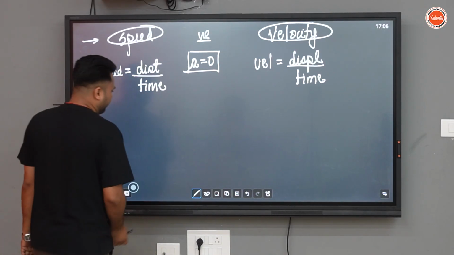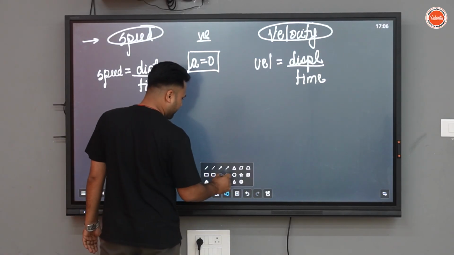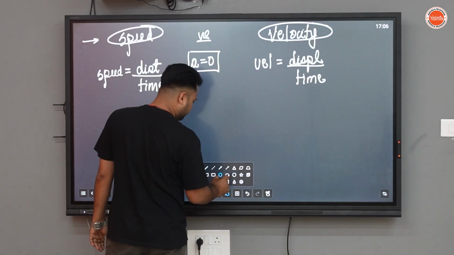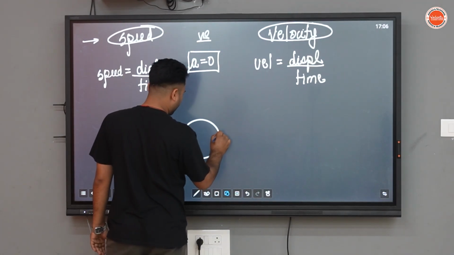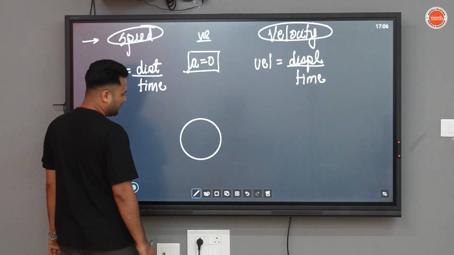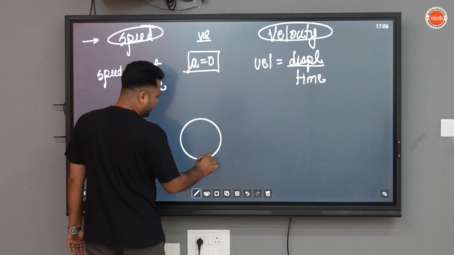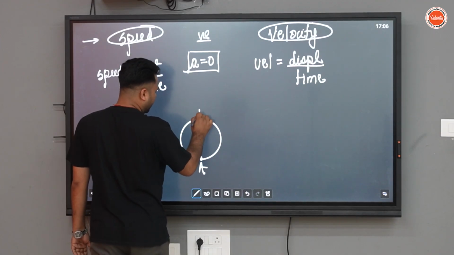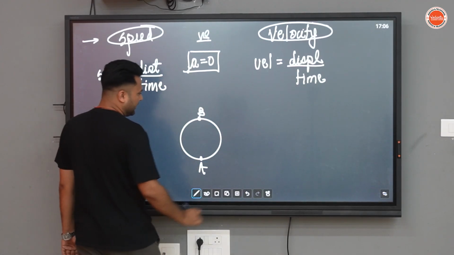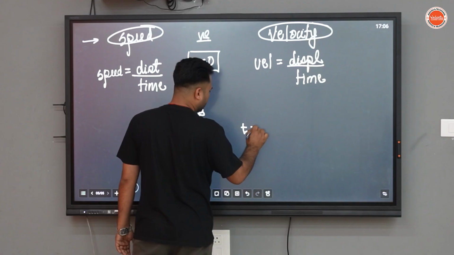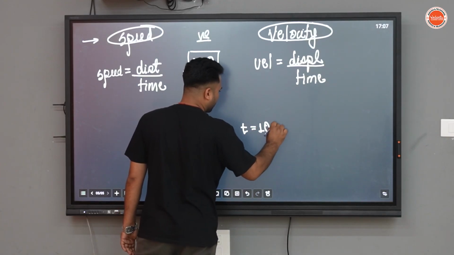So again, if I give one question: there is a body which is at A, it is moving and it reaches B at time t equals 10 seconds, suppose.